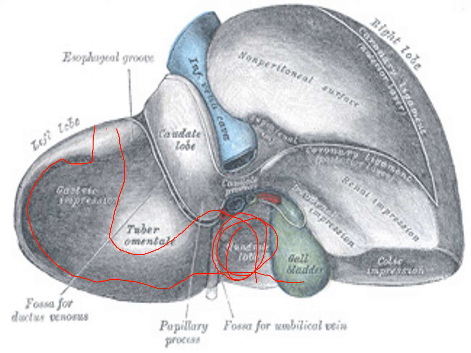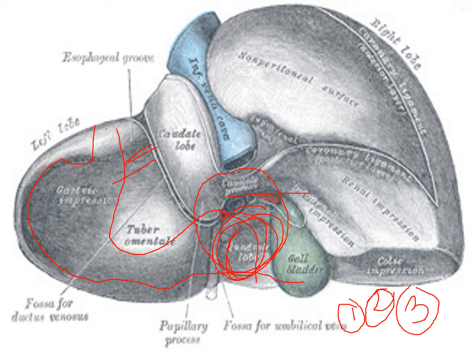Because this is the porta hepatis, and the lesser omentum originates from these two lips of the porta hepatis. So the quadrate lobe is related, point number 1, to the lesser omentum. Point number 2, to the pylorus of the stomach. And point number 3, to the first part of the duodenum.